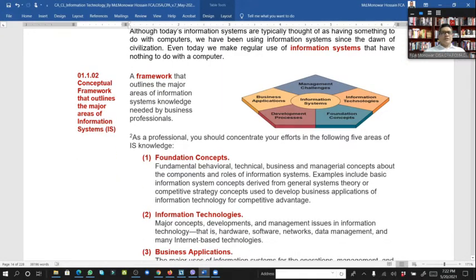And the framework. A conceptual framework that outlines the major areas of information system, that means everything on a framework. We know that we have the IFRS framework, we have the auditing framework, everything. In the same way, information technology needs a framework, a framework that outlines the major areas of information system knowledge needed by business professionals.